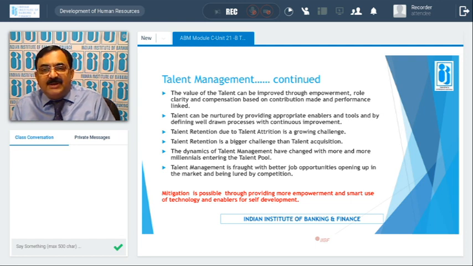Another very important thing is to improve the performance and be very result oriented. There has to be role clarity. The role which the talent is expected to play should be very well defined. And once there is clarity in the role, automatically the performance can improve. And the compensation also should be a little differentiated to make it really rewarding.